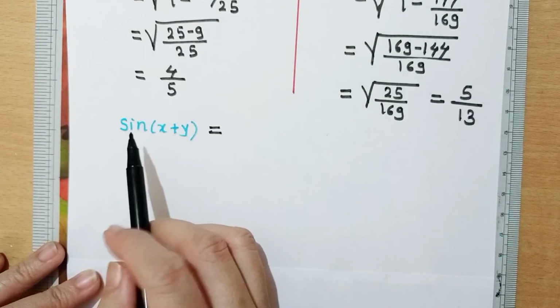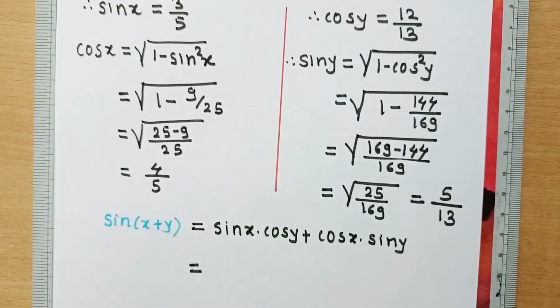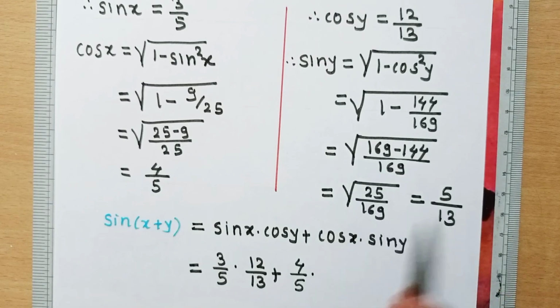So we will start from sin of x plus y, and this is equal to, now substitute values. Sin of x is 3 upon 5. Cos y is 12 upon 13, and cos of x is 4 upon 5, and again sin y is 5 by 13.